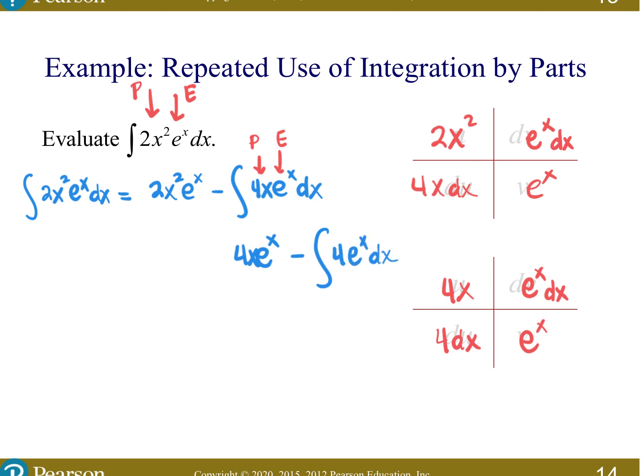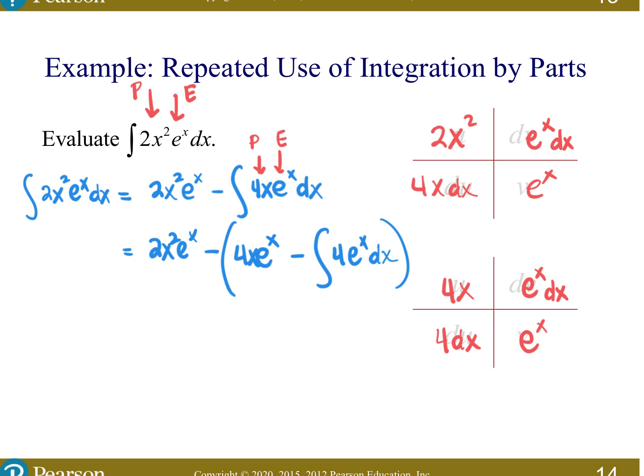But what's essentially in front of all of that, from the second time we've repeated it? That negative sign is in front of all of that, and in front of that is 2x squared e to the x. So it carries down. Now we have an integral behind another integral, but behind a subtraction sign.